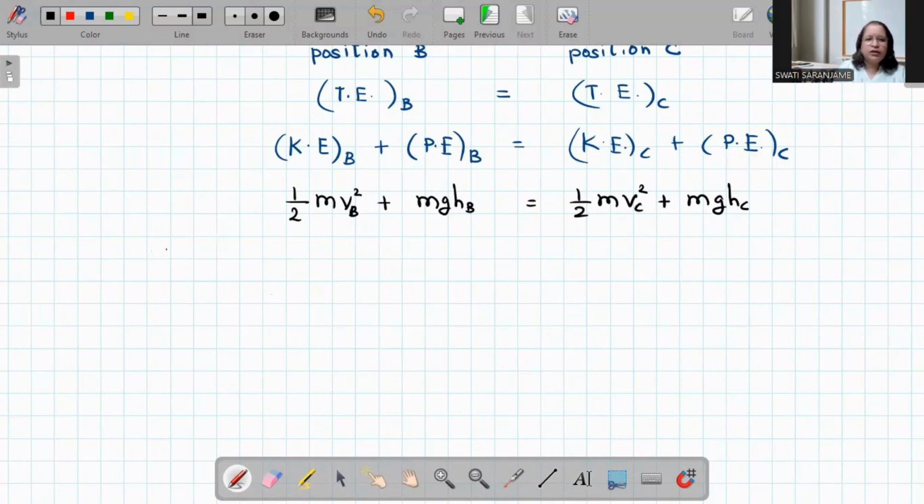Here we are taking point B as a reference point.